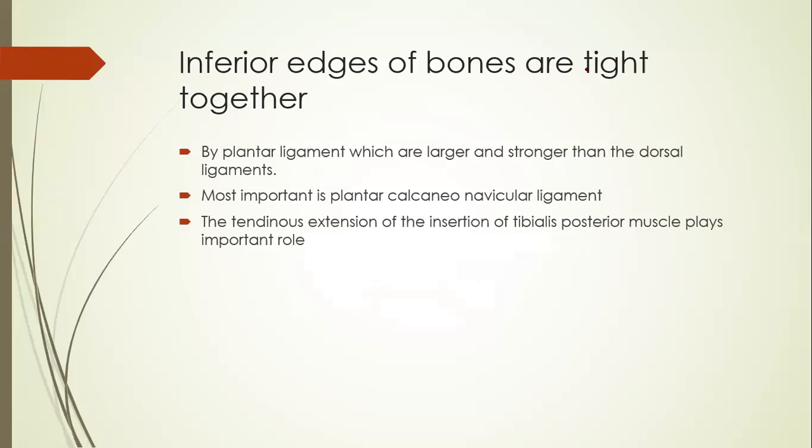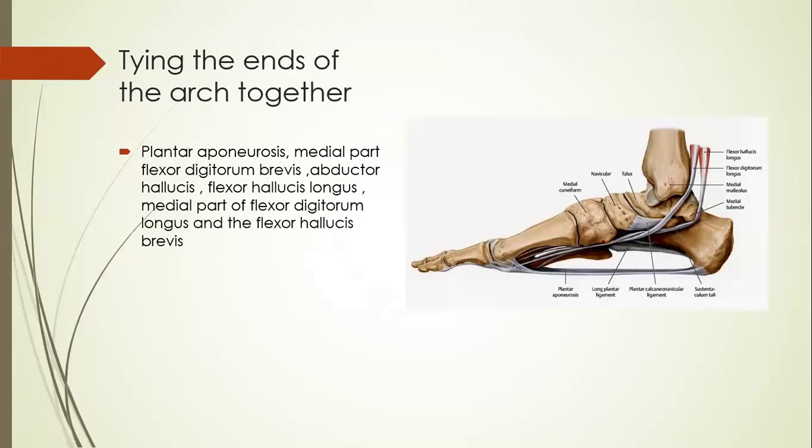So the inferior edges of the bones are tightened together by the plantar ligaments, which are larger and stronger than the dorsal ligaments. Most importantly, the plantar calcaneonavicular ligament and the tendinous extension of the insertion of tibialis posterior muscle, which play an important role.